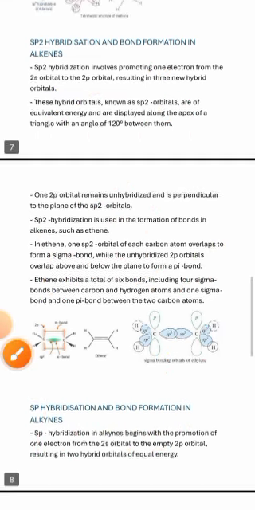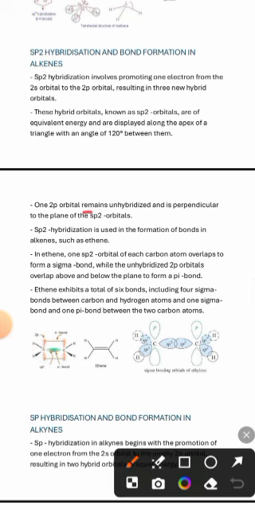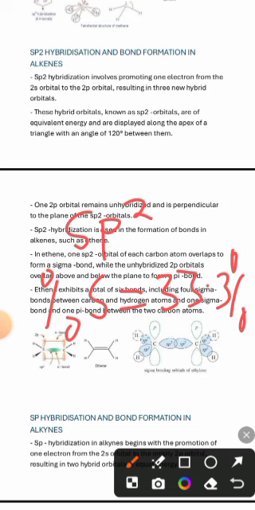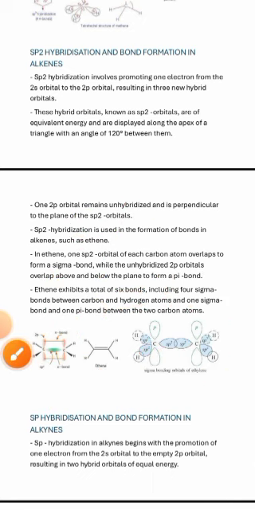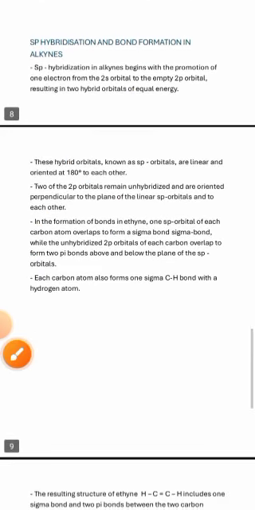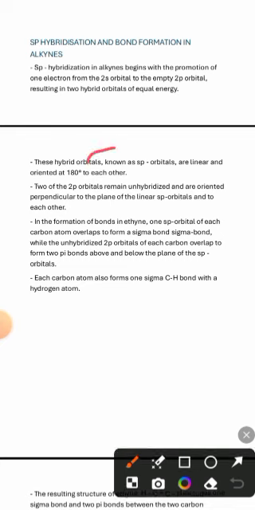So for the sp2 hybridized orbital, the percentage s character is equal to 33.3%, and the percentage p character is equal to 66.6%. Moving on to the last hybridized orbital, the sp orbital.